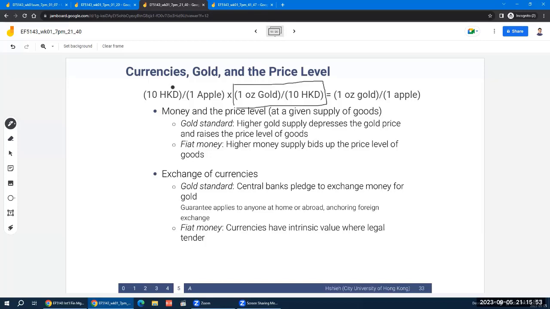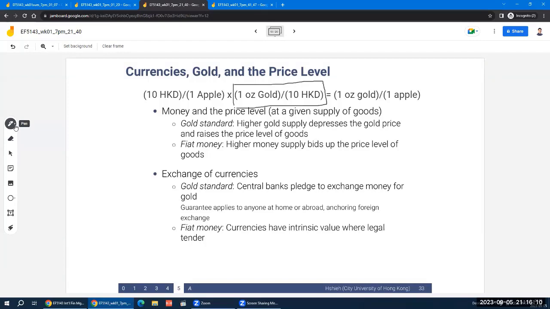Now, the question here is, what happens to the price levels in Hong Kong when a country like the UK brings gold to Hong Kong? So let's look at this equation.